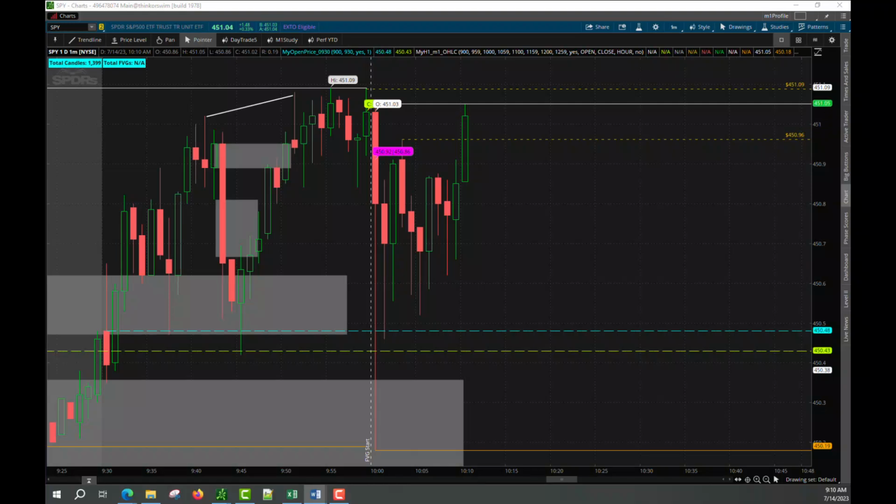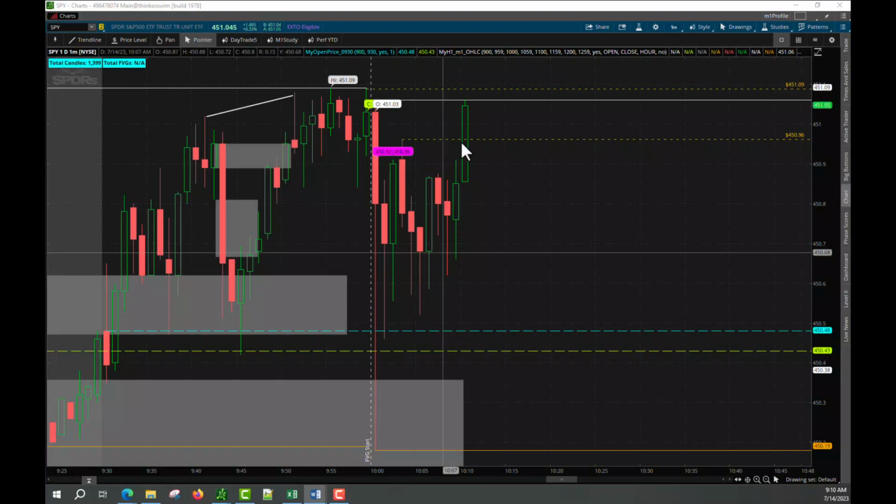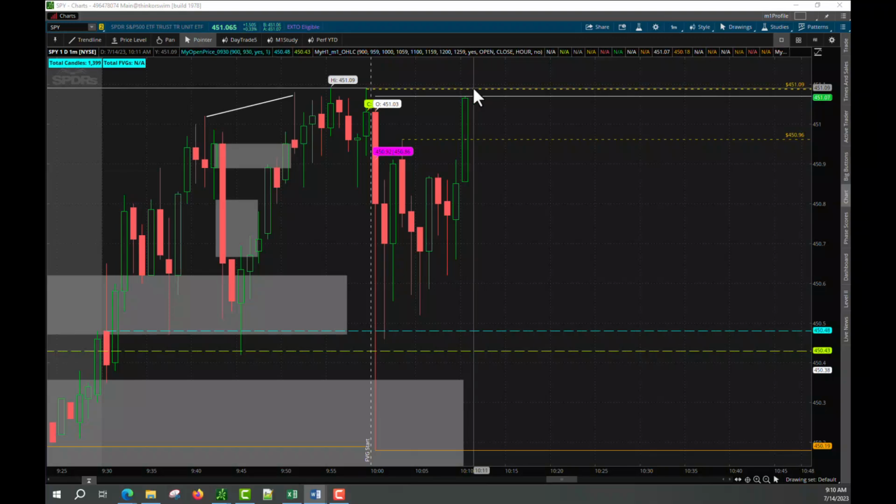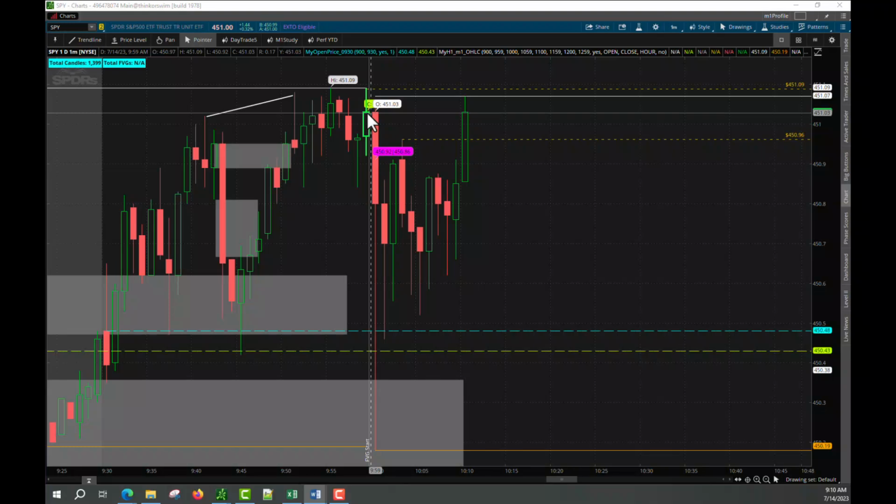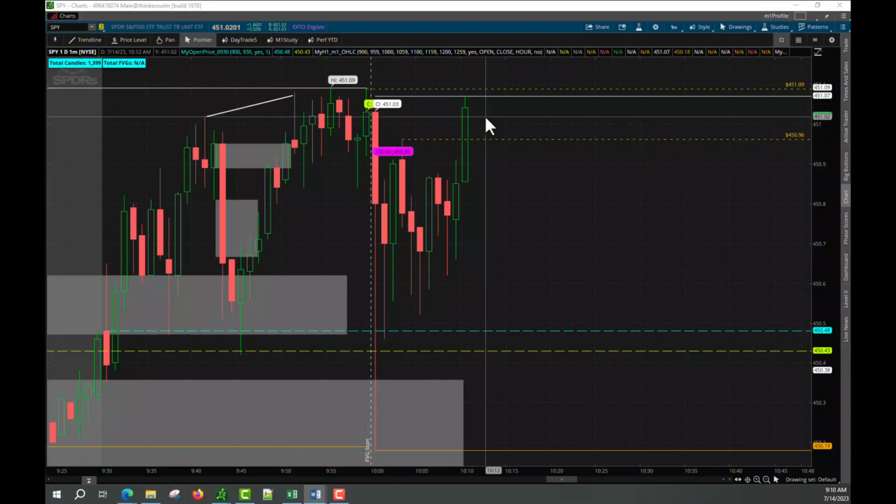Wow. Man, crazy. Too many people are short right here. That's the reason why it wants to go up again, because there's too much liquidity right there.